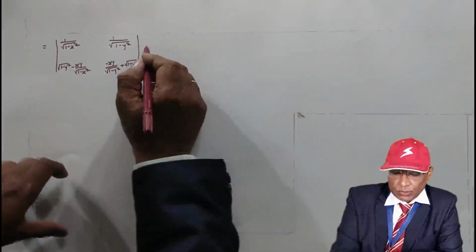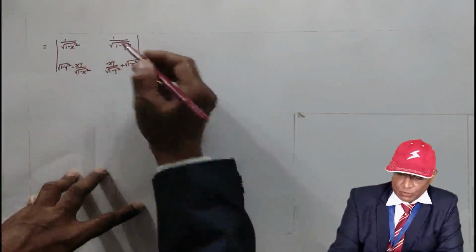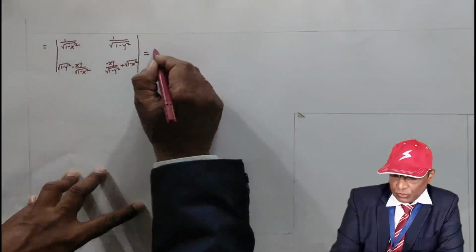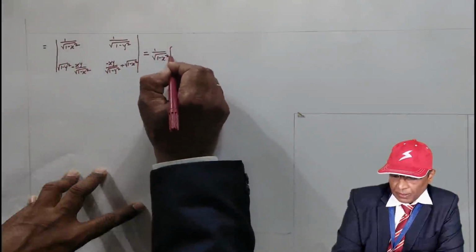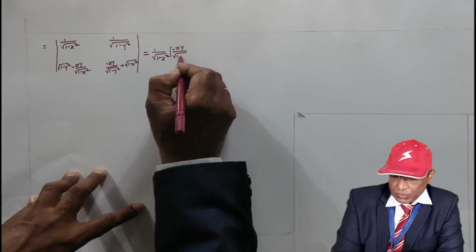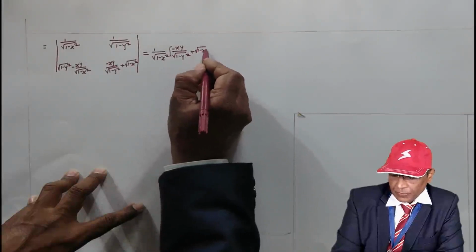So how to solve a 2 by 2 determinant is very simple. Product of these two elements minus product of these two elements. So I am going to multiply 1 by under root 1 minus x square, multiplied by minus xy by under root 1 minus y square plus under root 1 minus x square.